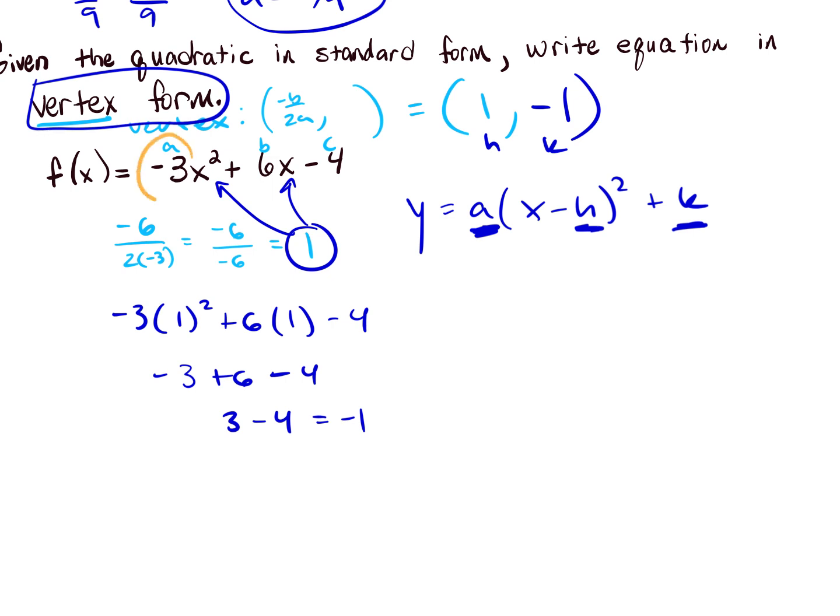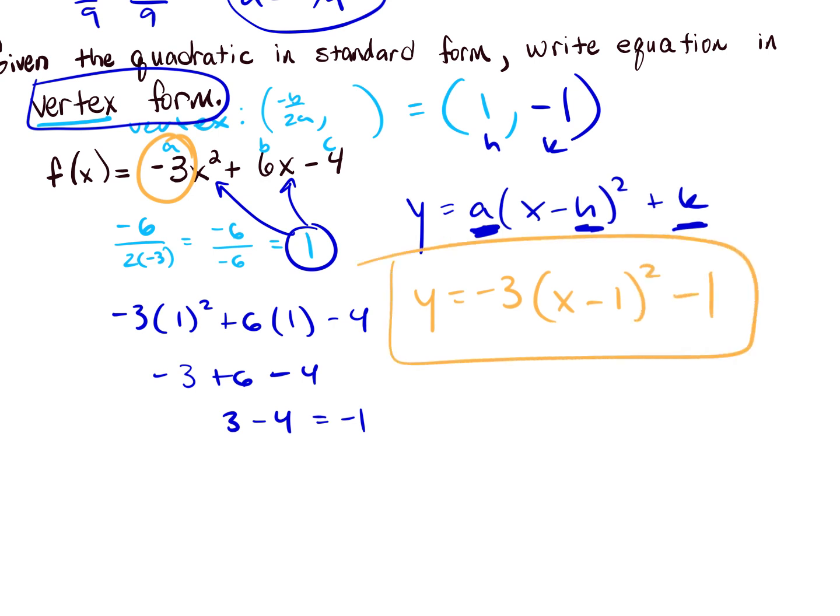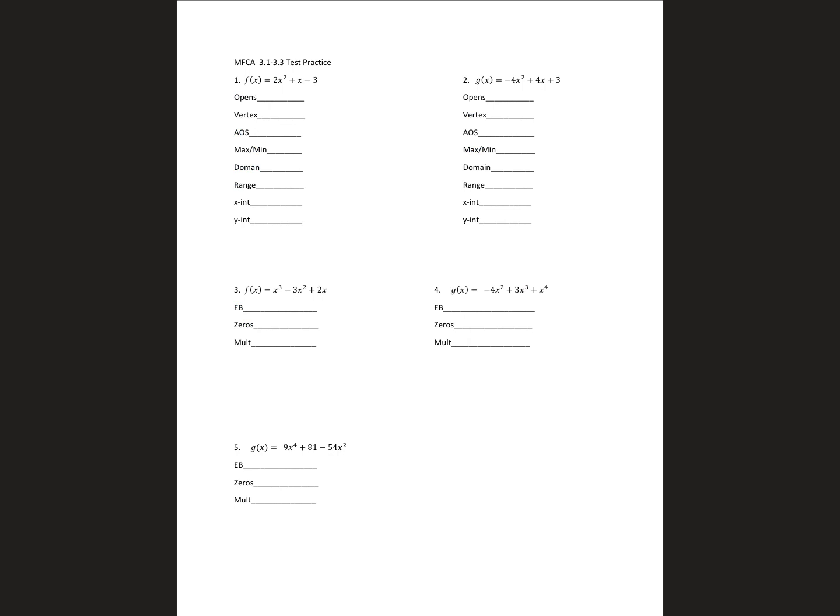Awesome. Our a is from the original equation. It's the same thing, negative 3. So I have y is equal to negative 3 times x minus 1 squared minus 1. This is easy. Okay, good.